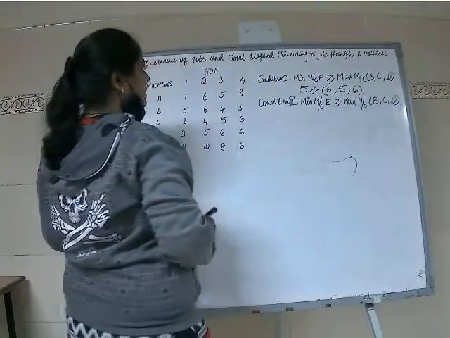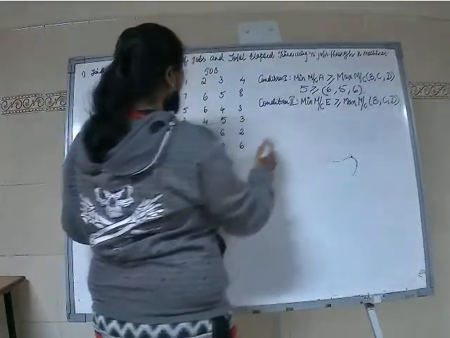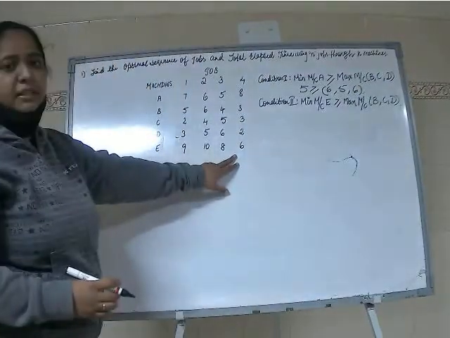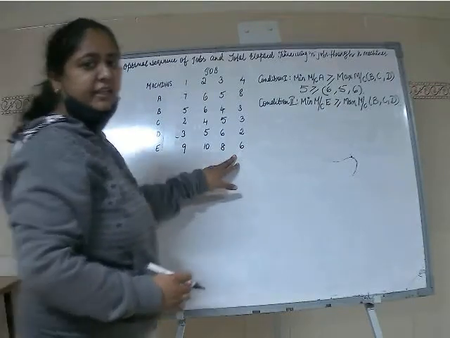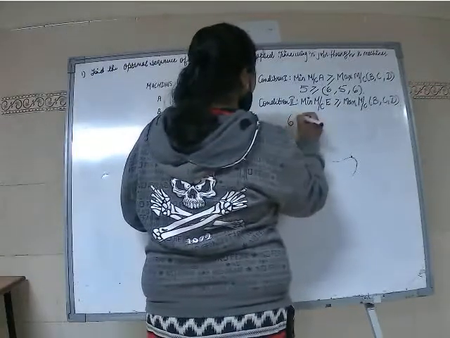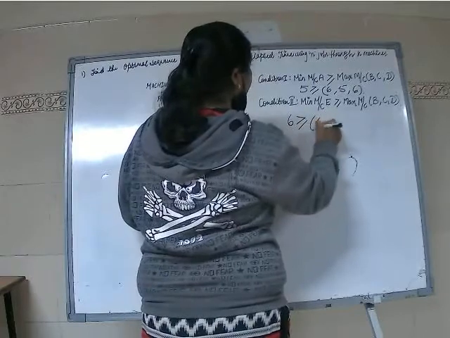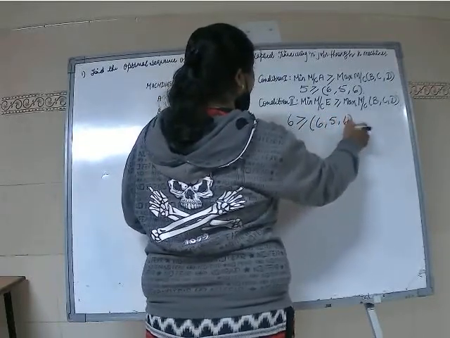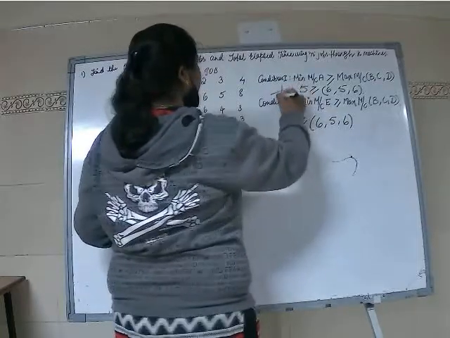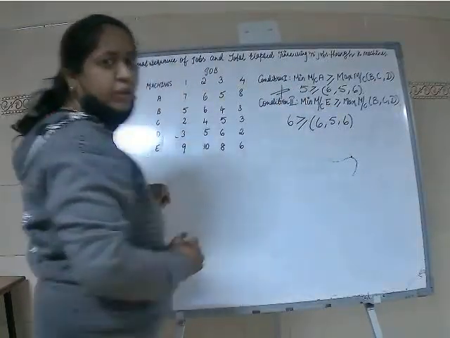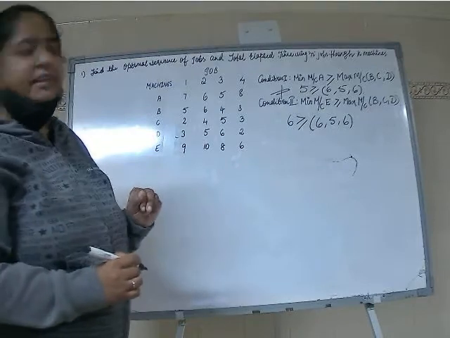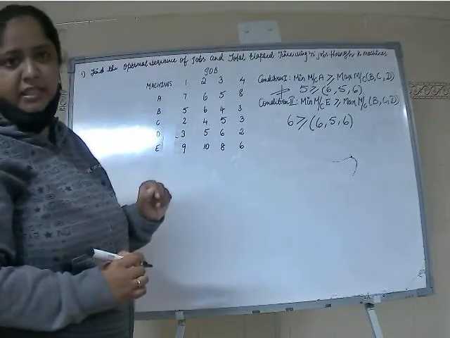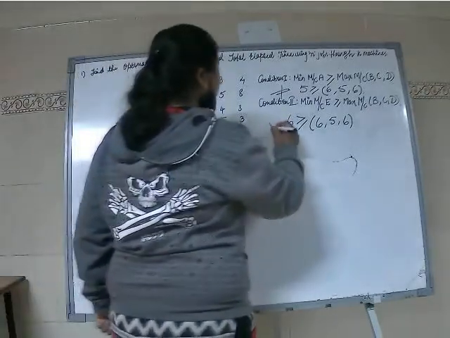The next condition is minimum of machine E. As you can see, the minimum value of machine E is 6, which should be greater than or equal to the maximum value of machines B, C and D. So as you can see, the first condition is not satisfied because 5 is not greater than 6, and the second condition is satisfied.